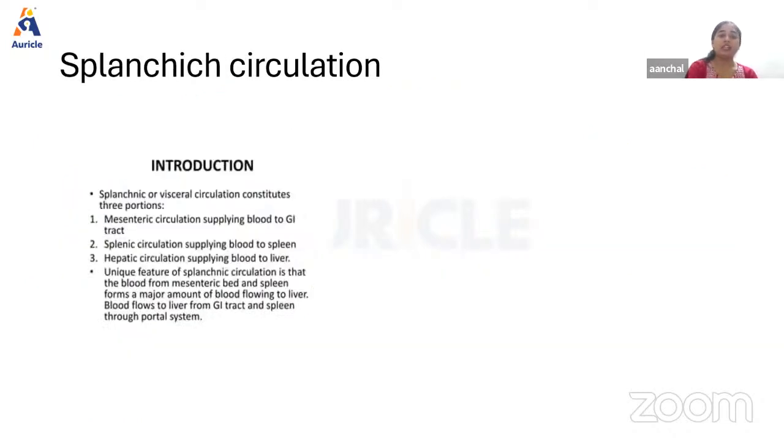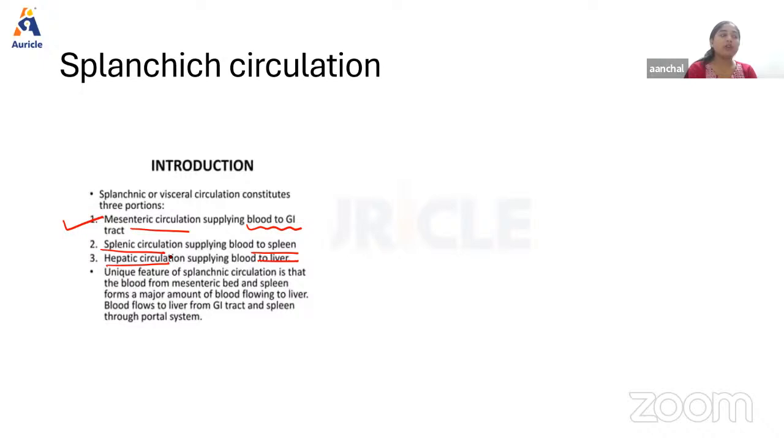Fine. Now, next we have the splanchnic circulation. This is also known as visceral circulation, because it constitutes three other portions: mesenteric circulation, splenic circulation, and hepatic. As the name suggests, mesenteric supplies blood to the GI tract, splenic supplies blood to the spleen, and hepatic supplies the liver.